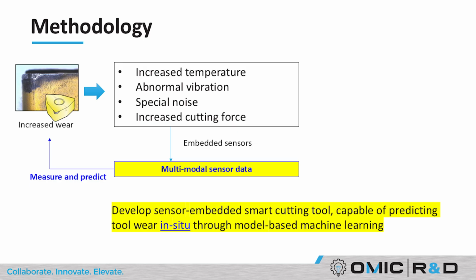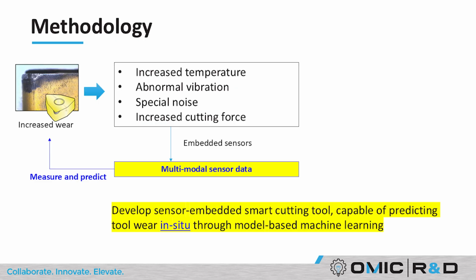Toward that purpose, we developed this kind of methodology. The methodology is based on the physical observation of the cutting process. When tool wear develops on a cutting tool, everybody can understand that the increased friction will produce additional heat and additional temperature increase on the cutting edge.